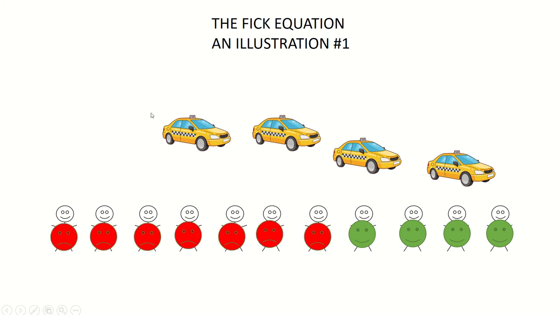So the flow can be taken away and utilized. For example, we are servicing customers, so we need to have cabs in order to satisfy our customers. The number of cabs available is extremely important to make sure that everybody's happy in the situation.